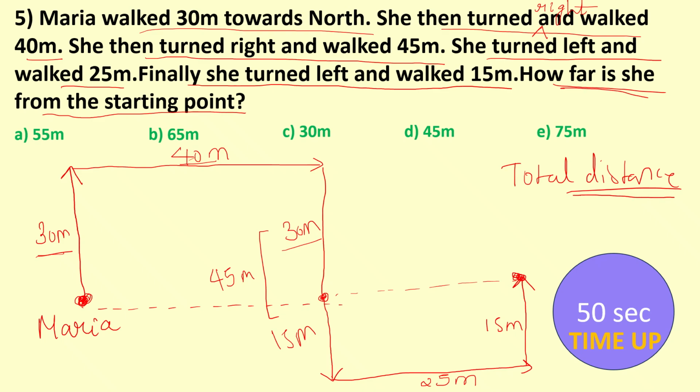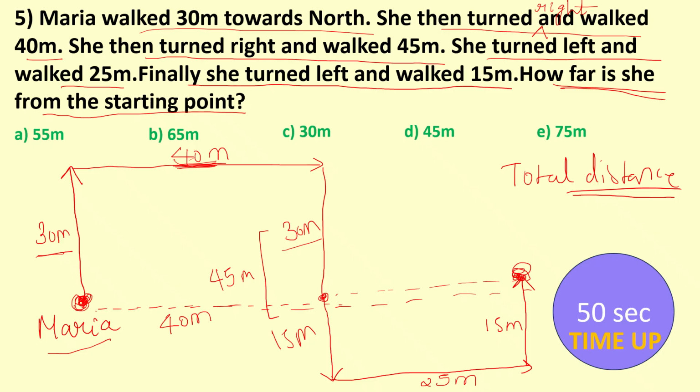But now how far is she from the starting point means the shortest distance is asked, right? So this is Maria's initial point and this is Maria's final point. Now, a rectangle is formed, so opposite sides are equal. If this is 40 meter, then this will also be 40 meter.